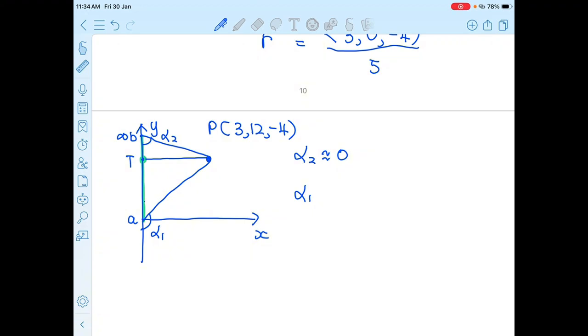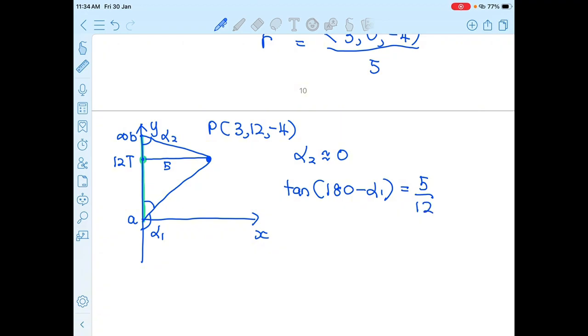You can get this angle first, so I'm going to use tangent. Tangent of 180 minus alpha 1 is equal to opposite over adjacent. The opposite is 5 and the adjacent is 12, so it's 5 over 12.